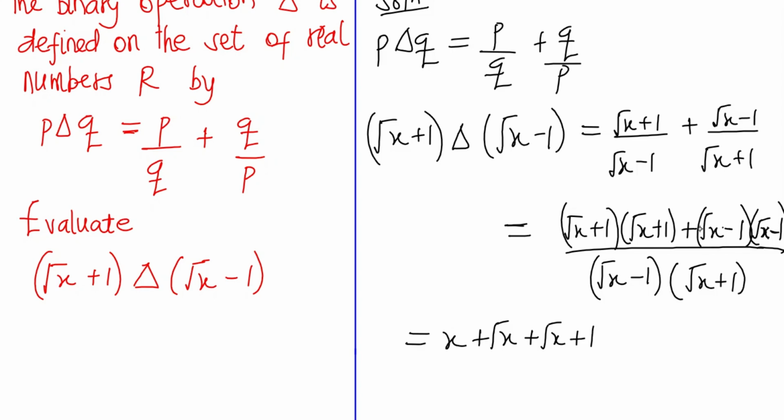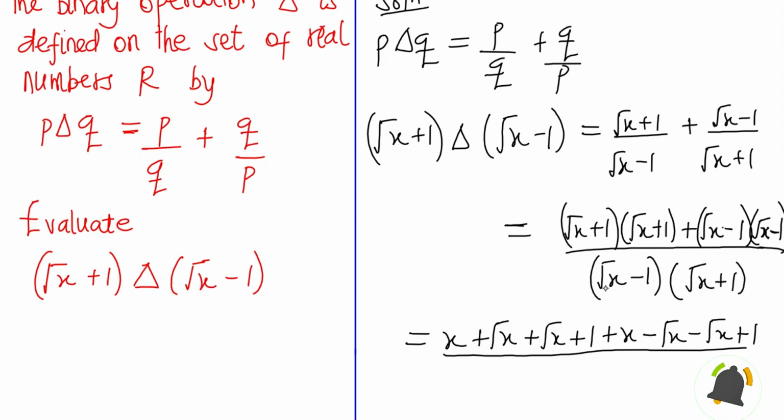In the same way, when we come here, square root of x multiplies square root of x, that gives us x, and square root of x multiplies negative 1, that gives us negative square root of x. And when we come here, minus 1 multiplies square root of x, that gives us minus square root of x, and minus 1 times minus 1 gives us plus 1, all divided by, we also expand the denominator.